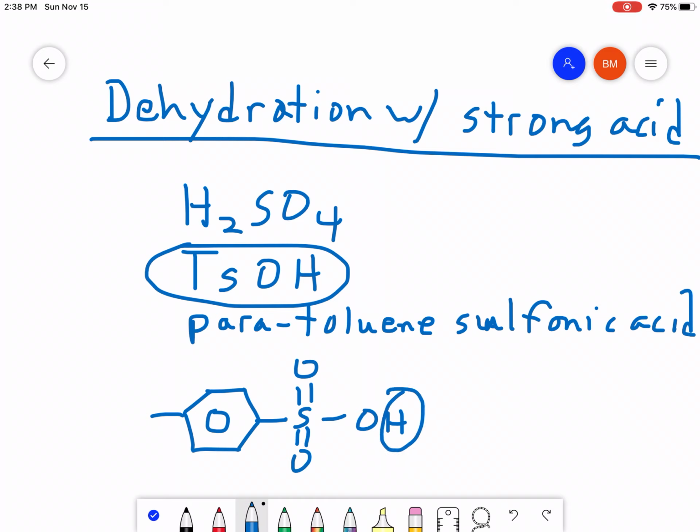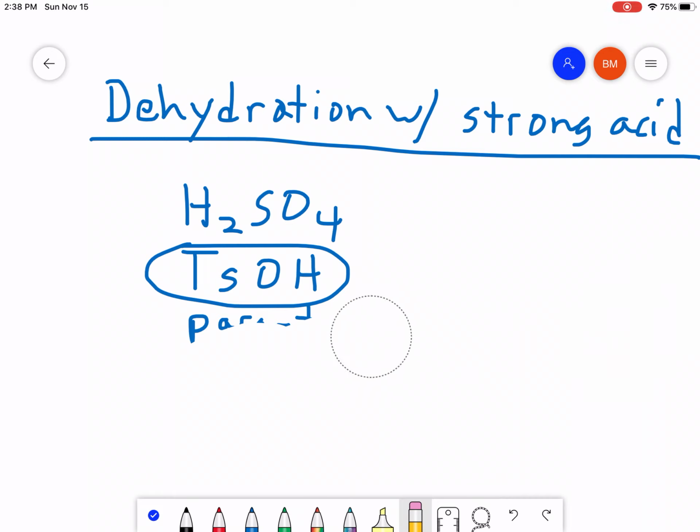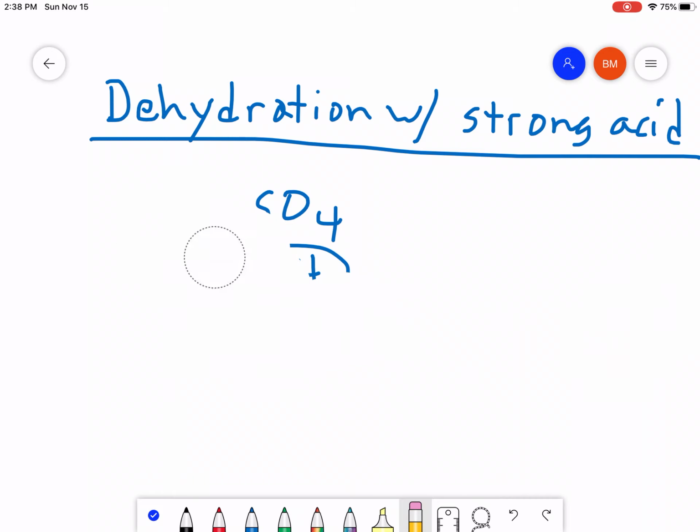So this proton can be given off and donated very easily. TsOH and H2SO4 have approximately the same acidities. They're both very strong acids. They can basically be used interchangeably in these reactions. So sometimes I'll use H2SO4, sometimes I'll use TsOH. Just depends. They both serve the same purpose. All right?